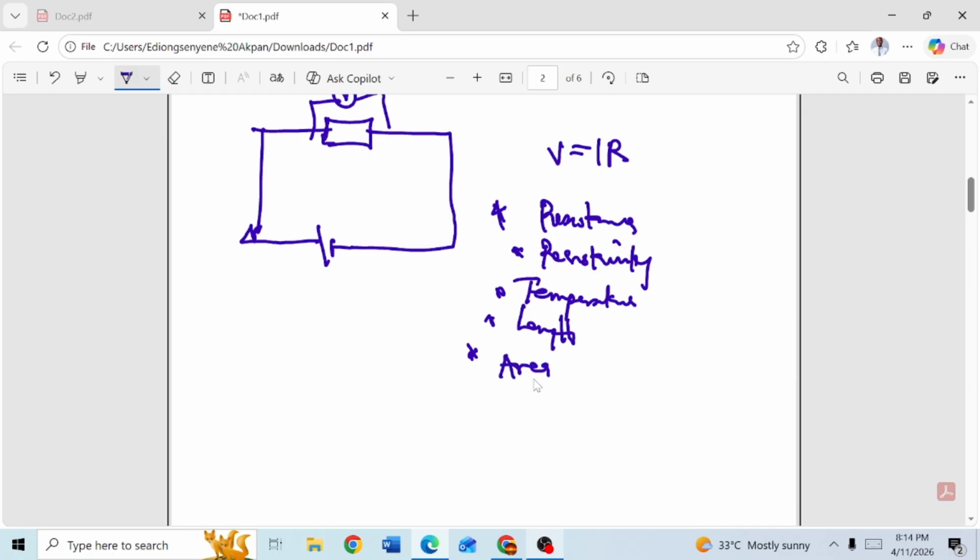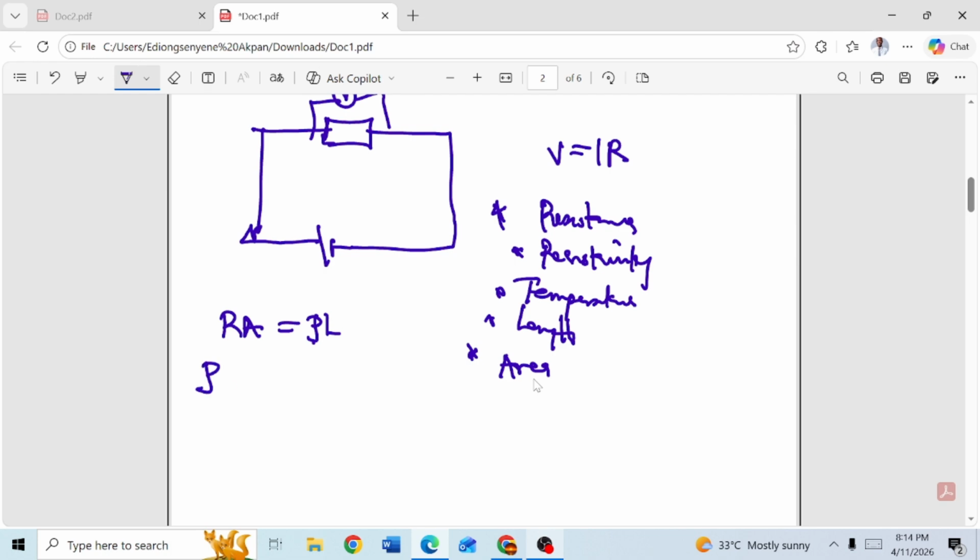Now, it's important for you to know that sometimes a question may ask which of these factors affects the resistance. So if anything outside of these is in the options, you pick it. This is still part of the JAMB question. The relationship that brings every one of them together is this: resistance times area equals resistivity of the wire times length.